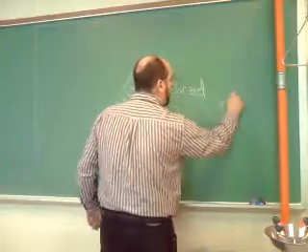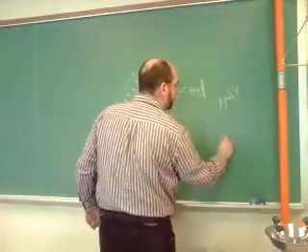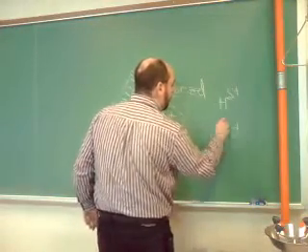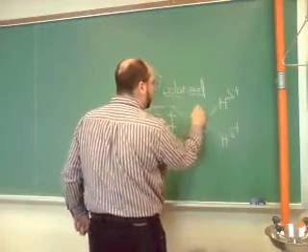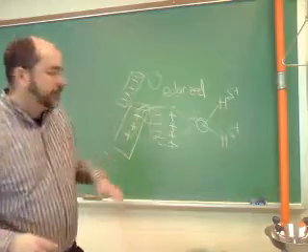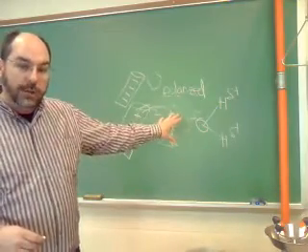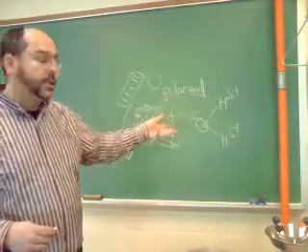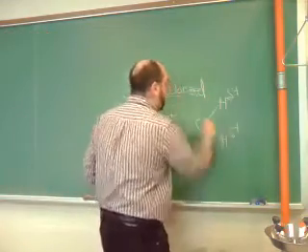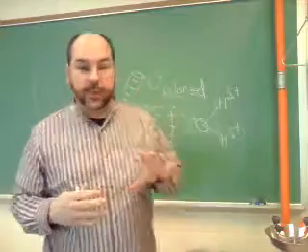We have our hydrogens with partial positive charges and our oxygen here with a partial negative charge, meaning that those water molecules can be attracted to either a negatively charged or a positively charged thing, depending on how the water molecule orients itself in space.